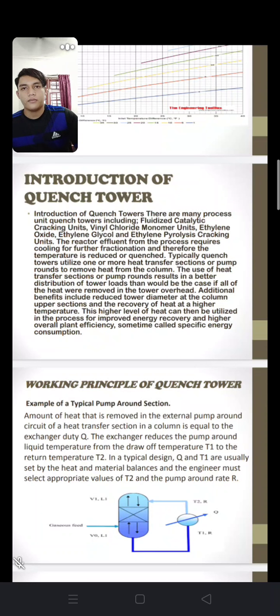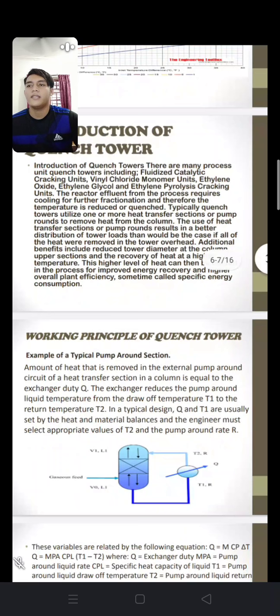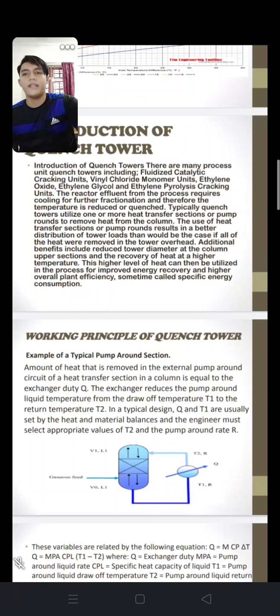The use of heat transfer section or pump rounds result in a better distribution of tower loads than would be the case if all of the heat were removed in the tower overhead. Additional benefits include reduced tower diameter at the column upper section and the recovery of heat at a higher temperature.